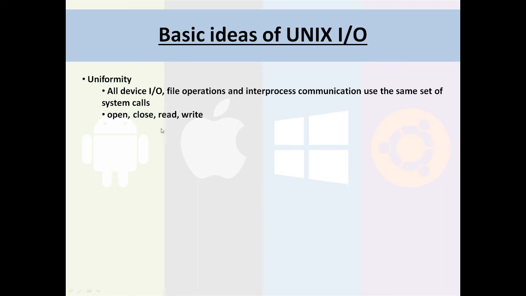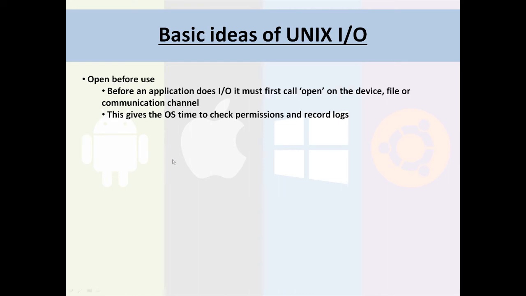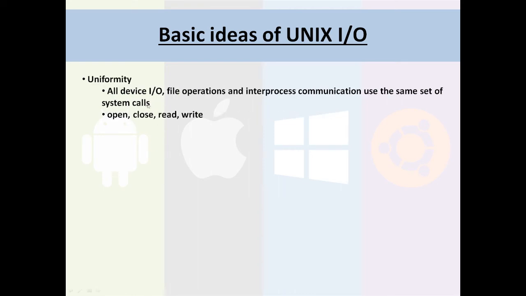These are utilized for everything in terms of file operations, input, output, inter-process communication, all of them. It didn't matter which specific input-output device you were reading or writing from, you would always use these same commands. And that was one of the basic ideas of uniformity.